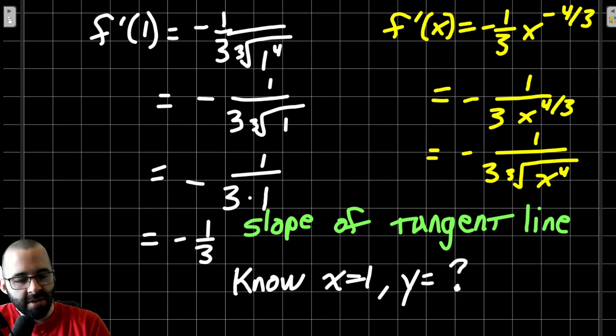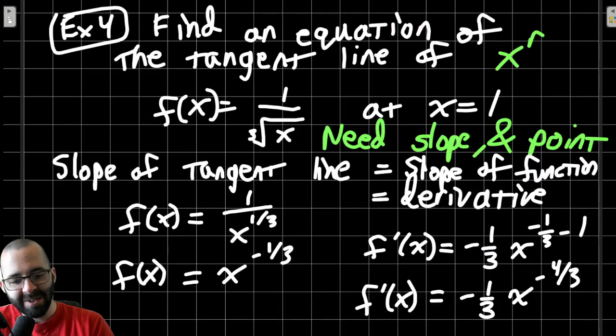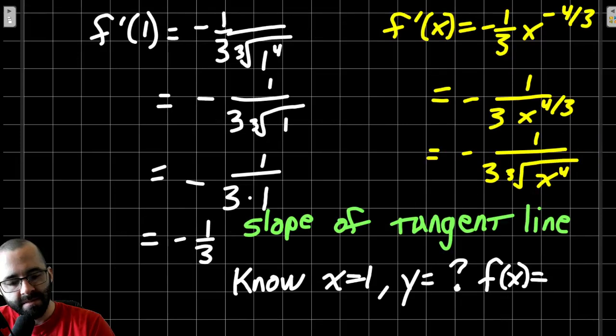Well, luckily for us, we have a relationship, right? We know that f of x is equal to, what was f of x equal to actually? f of x was equal to x to the negative 1/3, or you could use it in this form, 1 over the cubed root of x.